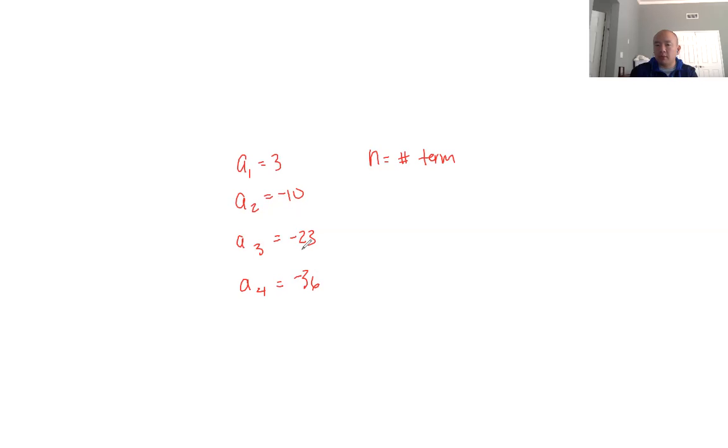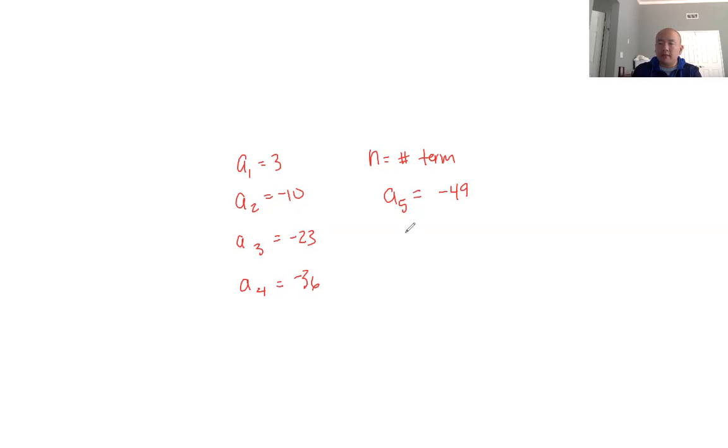That's really important to understand. And if I want to find the fifth term, I'll just have to subtract, and that would be -49. So the fifth term is -49. Understand that dynamic there.